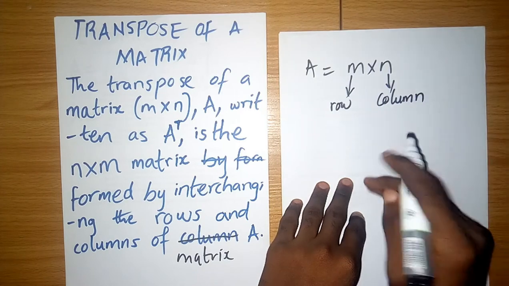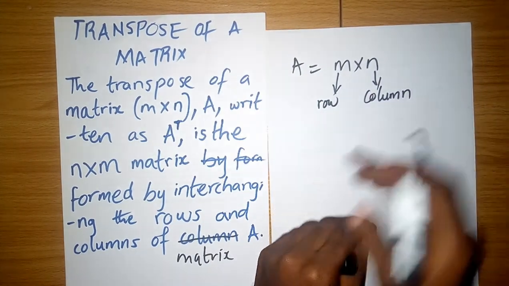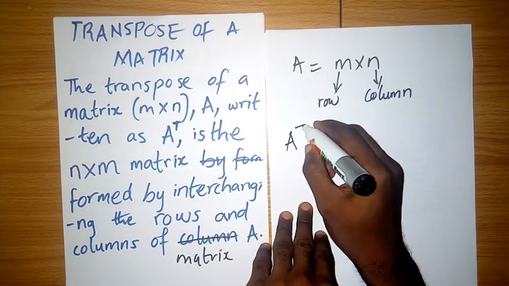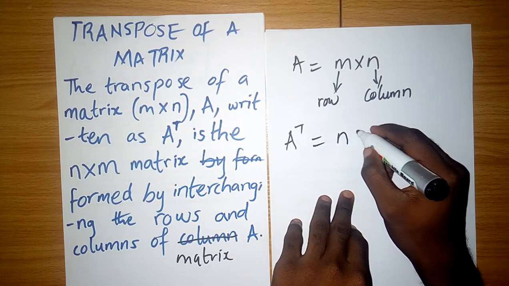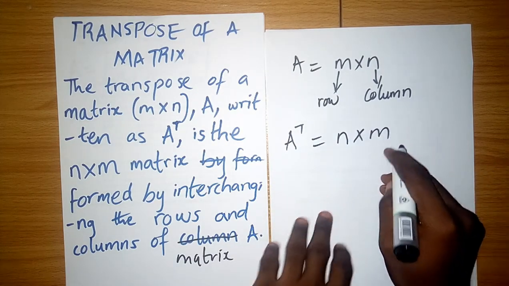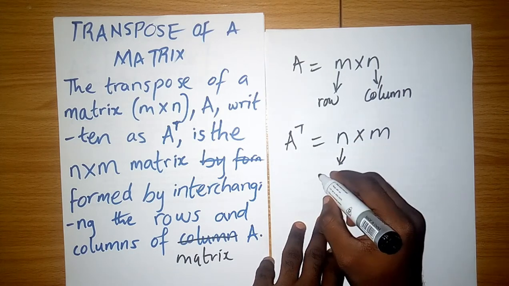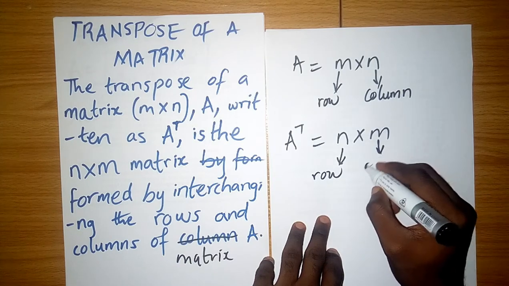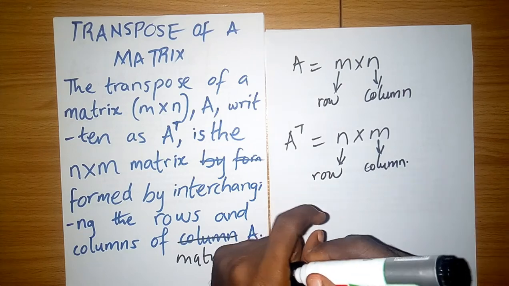The A transpose is now going to be n by m. So by the time you finish the operation, your n will be the row and the m will be the column. It's better seen by an explanation.